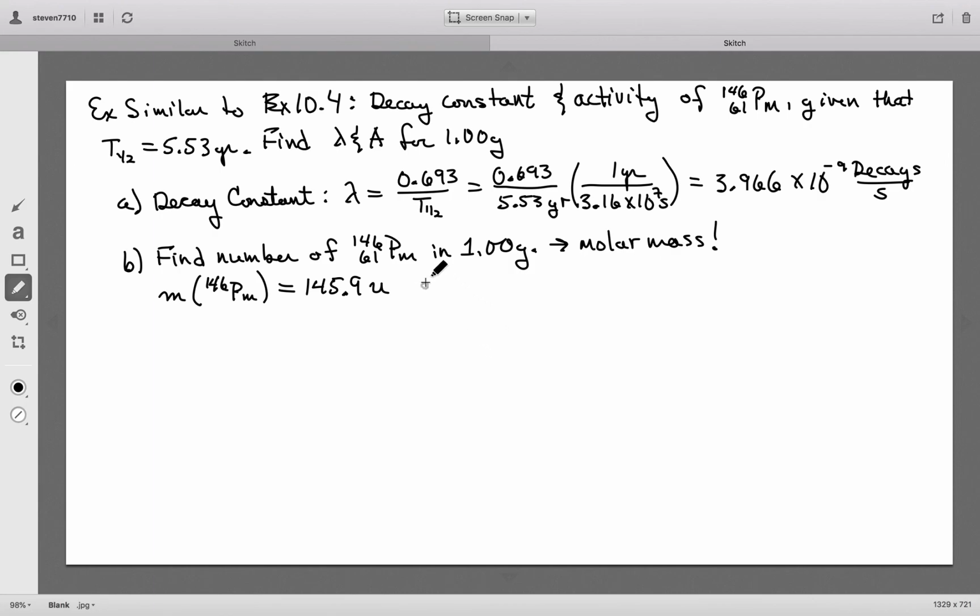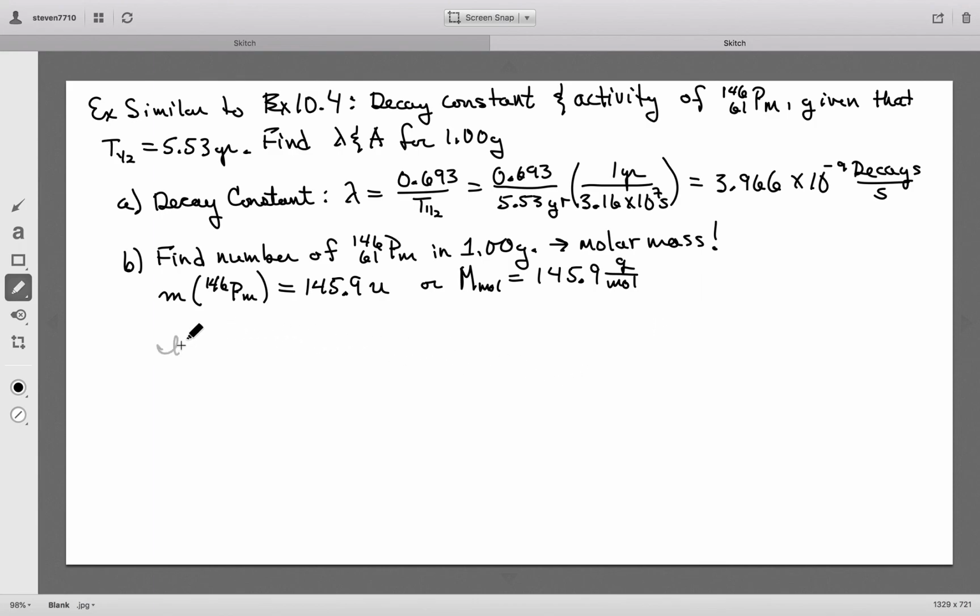Or its molar mass, and this is just my way of describing mass per an atom versus mass of 1 mole. Its molar mass is therefore 145.9 grams per mole. Okay?